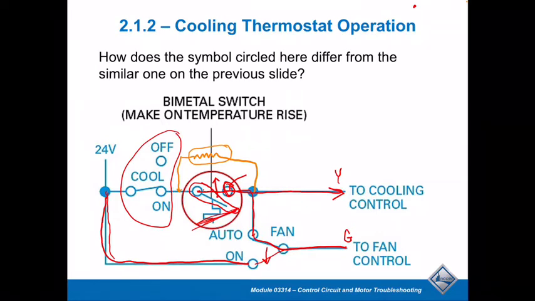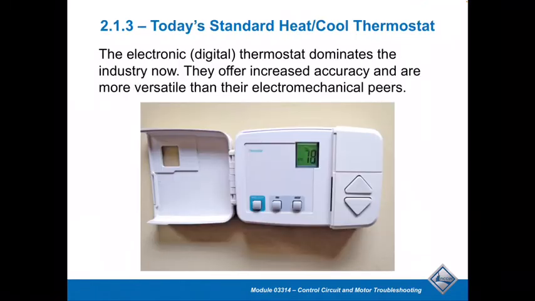There's really nothing to troubleshoot in that circuit. If it were defective, the only way a person would know is either something would be smoked, or the customer would complain that the differential is too large between on and off points. That's rarely something you would ever have to troubleshoot.